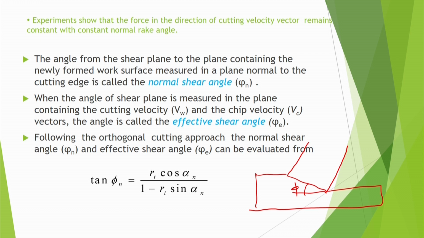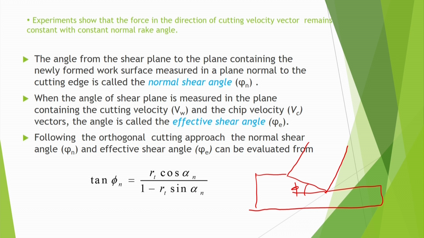And when the angle of the shear plane is measured in the plane containing the cutting velocity Vw and the chip velocity Vc, that means the true plane, the angle is called the effective shear angle. So we get the effective shear angle also. Like in orthogonal cutting, we can get these relations also.